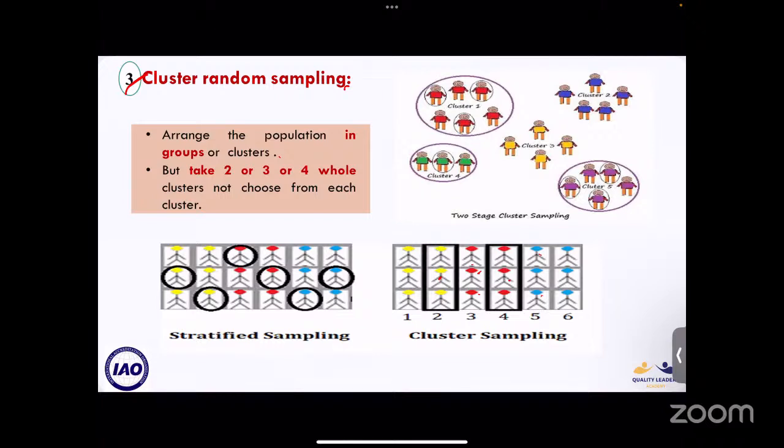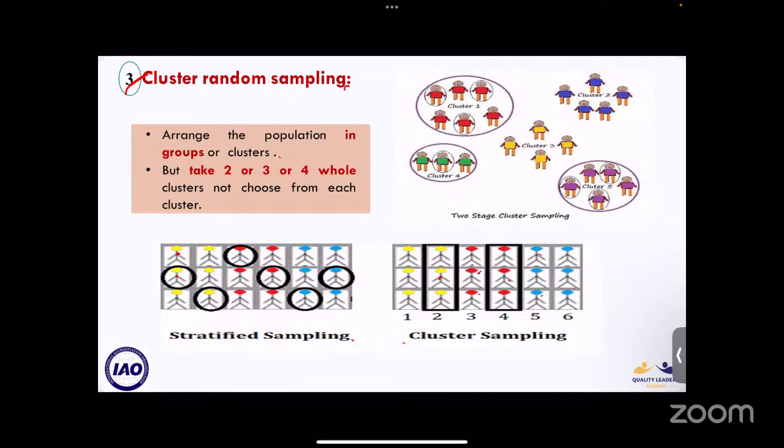So what's the difference between cluster sampling and stratified sampling? In stratified cluster sampling, I take an equal number from each group I divided. For instance, if I divided males into 4 clusters, kids into 4 clusters and females into 4 clusters, I will take an equal number from each cluster.